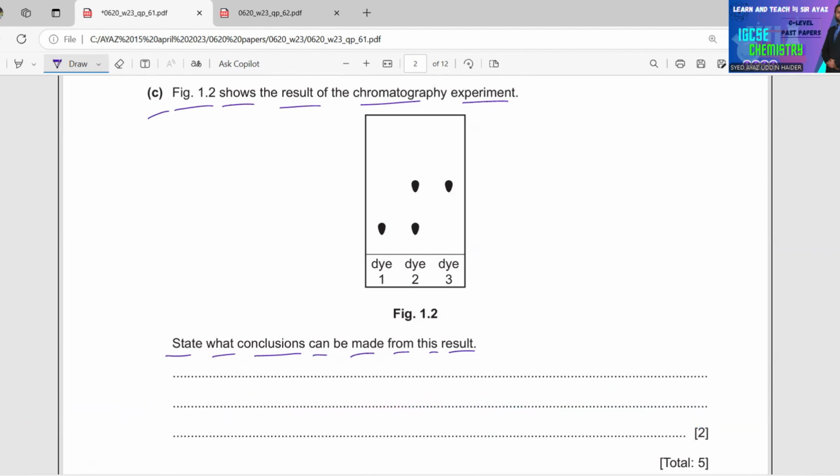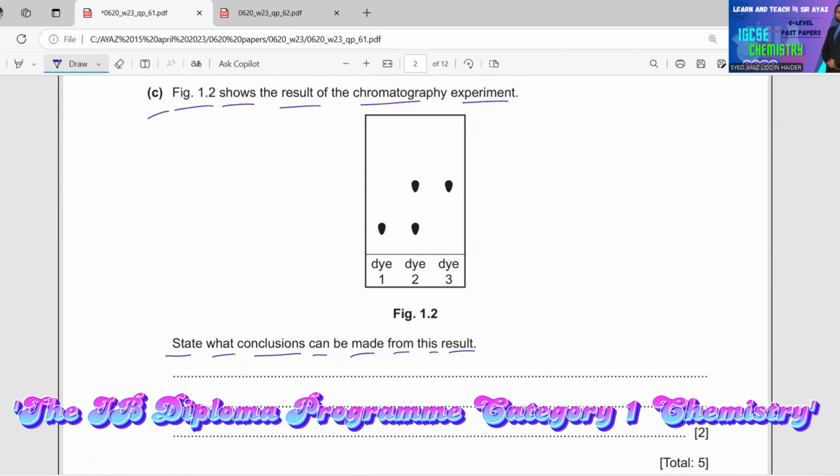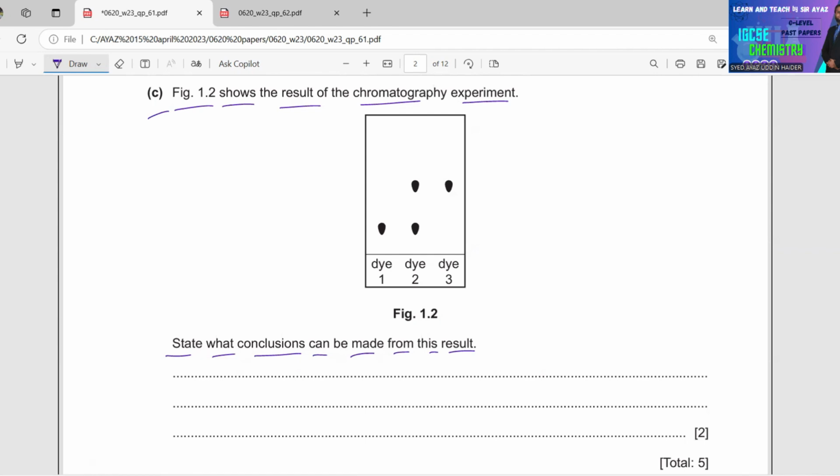And in case of dye 2, it must contain dye 1 and dye 3, because if you look at the spots obtained in dye 2, one of the spots matches the distance covered by the spot in dye 1, and the other one matches the distance covered by the spot in dye 3. So you can write any two from these.